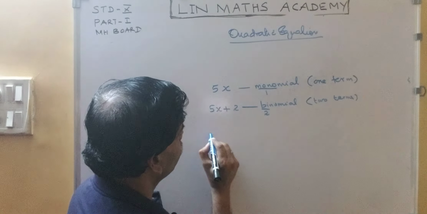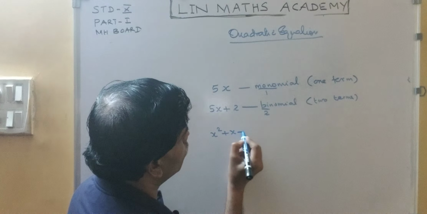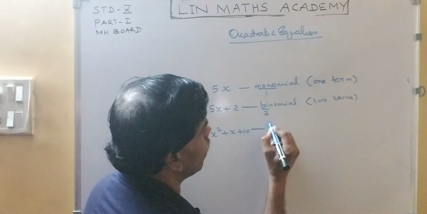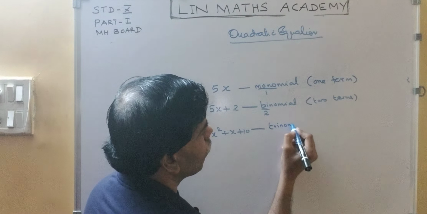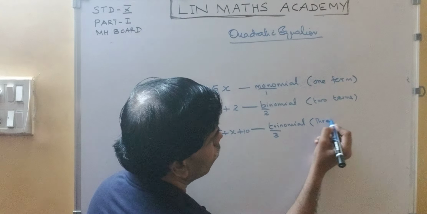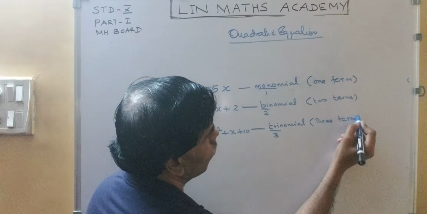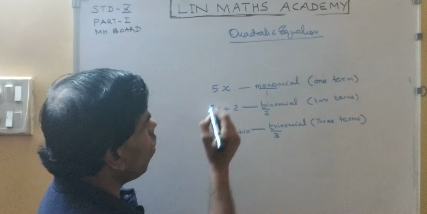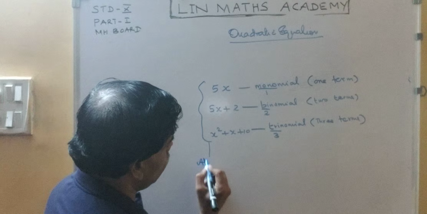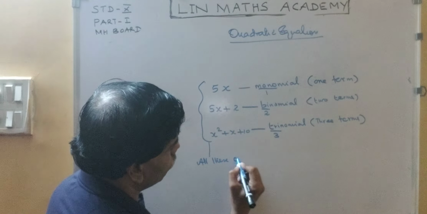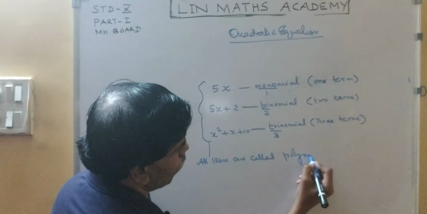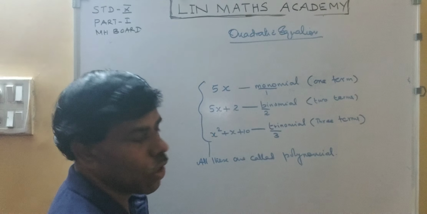Another one, x square plus x plus 10. How many terms are available? 3. So we call it a trinomial. But all these are called polynomials.